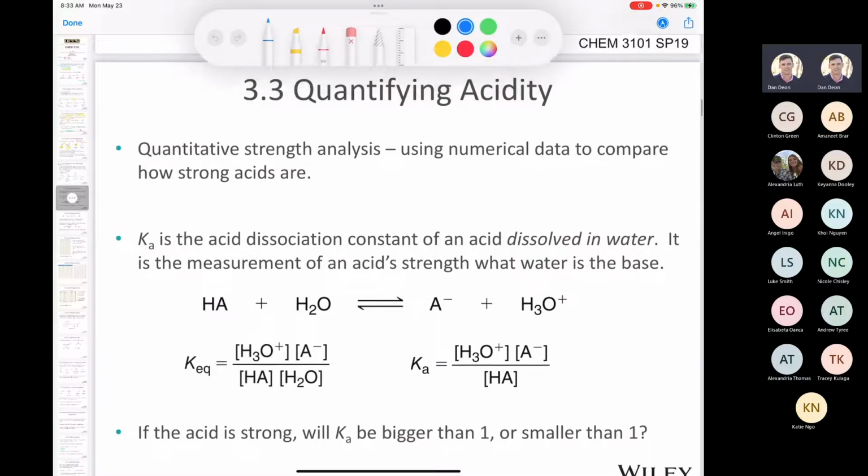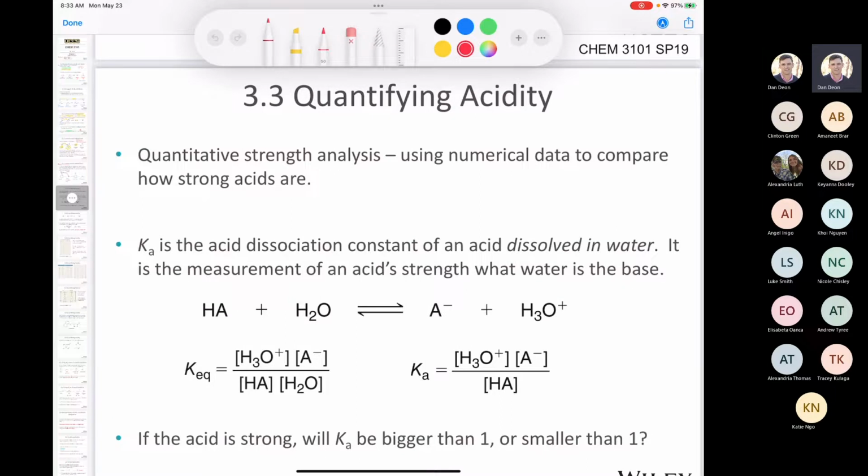equilibrium constants. I'm sure you all learned, if you have, something like A plus B in equilibrium with C and D, you would have learned that K equilibrium is equal to C to the power of c, D to the power of little d, over A to the power of a and B to the power of b.